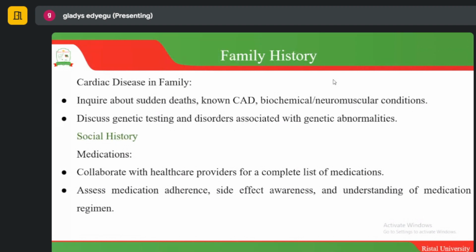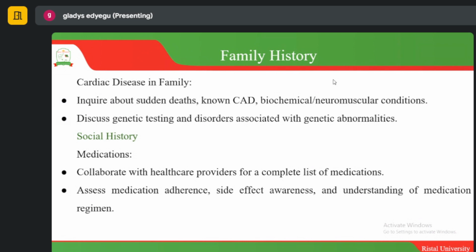Then they can really tell why this patient is coming to you, what this patient is actually going through, and this can help you manage this patient appropriately. So collaborate with the healthcare providers for a complete list of medications. You have to know how many drugs this patient is taking, what kind of drugs this patient is taking, and why this patient is taking these medications.